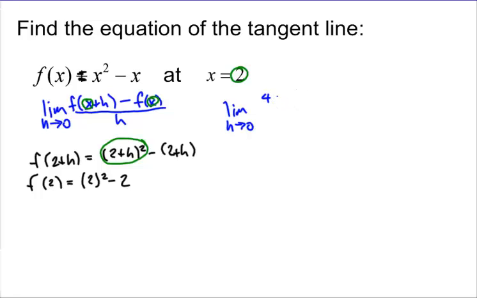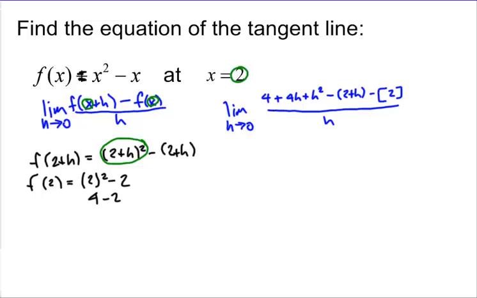Sorry, 4 plus 4h plus h squared minus 2 plus h minus, and then we need to figure out what this guy simplifies down to here, and we've got 4 minus 2, and so 4 minus 2 is 2. And always put that back end into parentheses. You'll just save yourself a lot of heartache later.